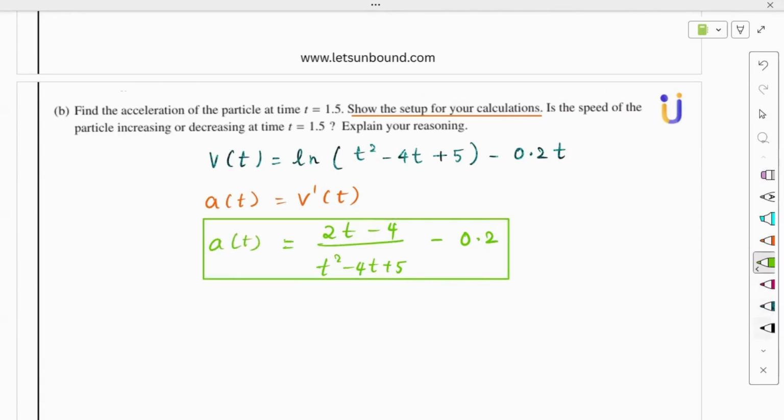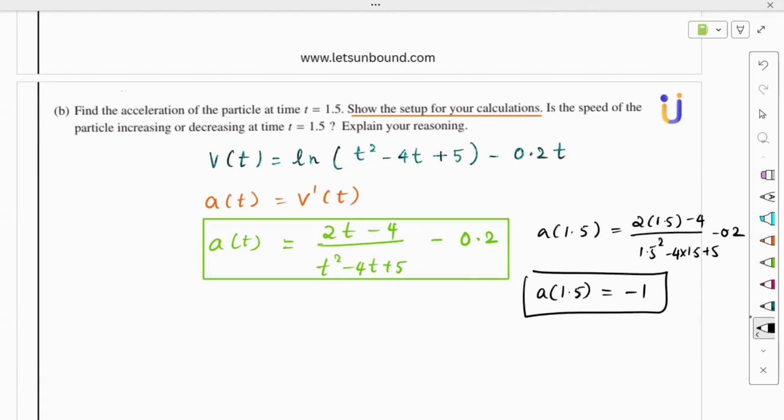Okay, right. Next, we need to find acceleration at t equal to 1.5. So what is a of 1.5? You can use a calculator: 2 times 1.5 minus 4, divided by 1.5 squared minus 4 times 1.5 plus 5, minus 0.2. The simple calculation. So you solve this, you will get minus 1. Okay. a of 1.5 is negative 1.